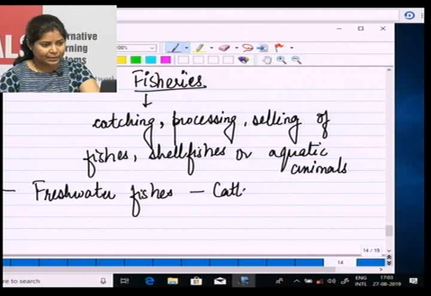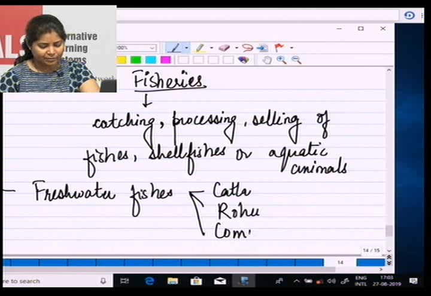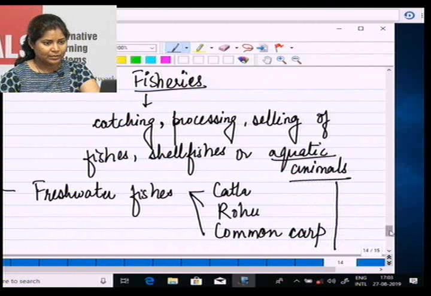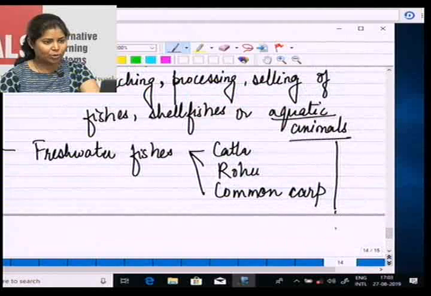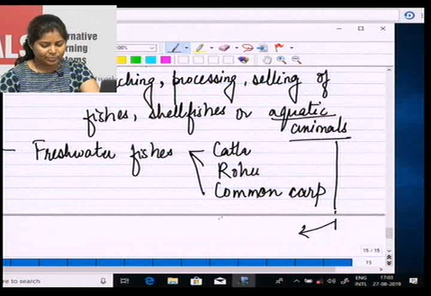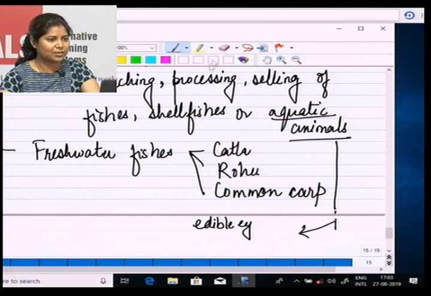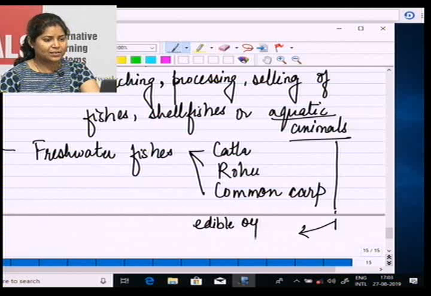We have katla, rohu, and common carp. What aquatic animals can we talk about? Many, like edible oysters. Edible oysters are not pearl oysters. Mind it. Edible oysters are different and pearl oysters are different.